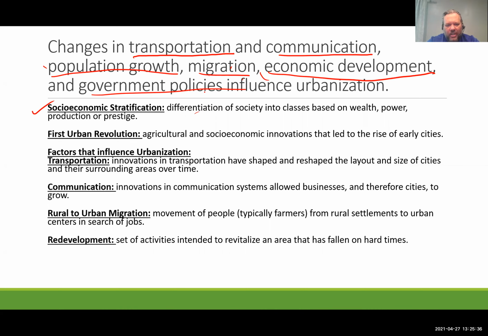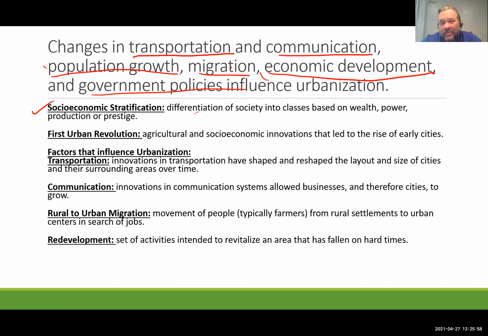Socioeconomic stratification. It is differentiation in society based on wealth or power, production or prestige. And so this is the economic inequality that we've talked about, and that exists in countries. And it's all about scale. Globally, there's inequality, nationally or regionally inequality, subnationally.